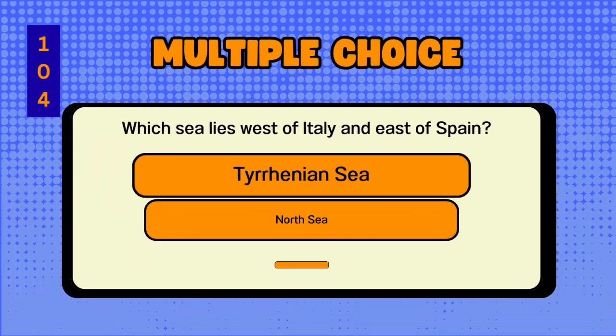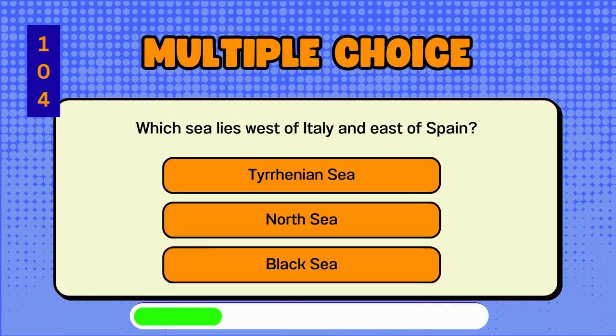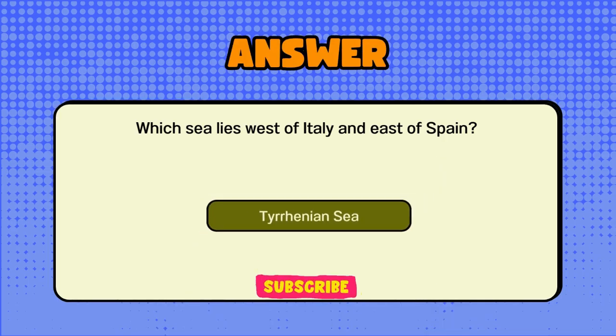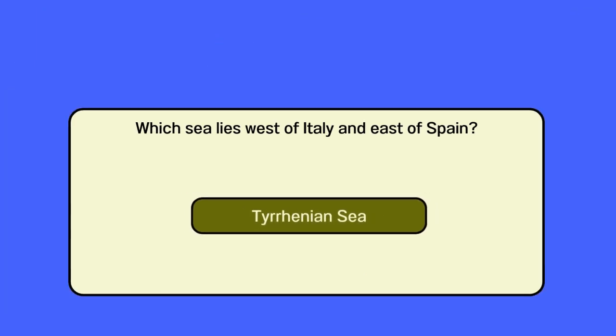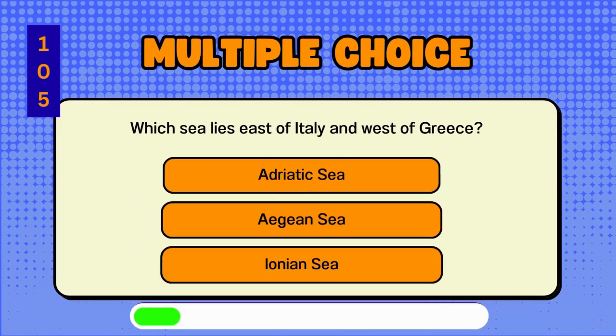Which sea lies west of Italy and east of Spain? Which sea lies east of Italy and west of Greece?